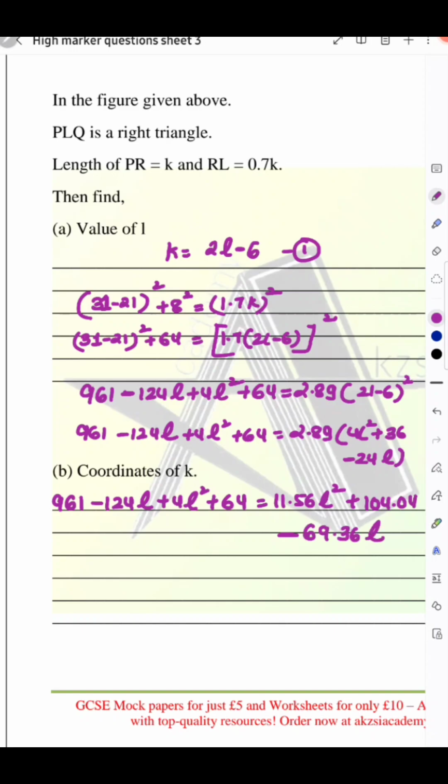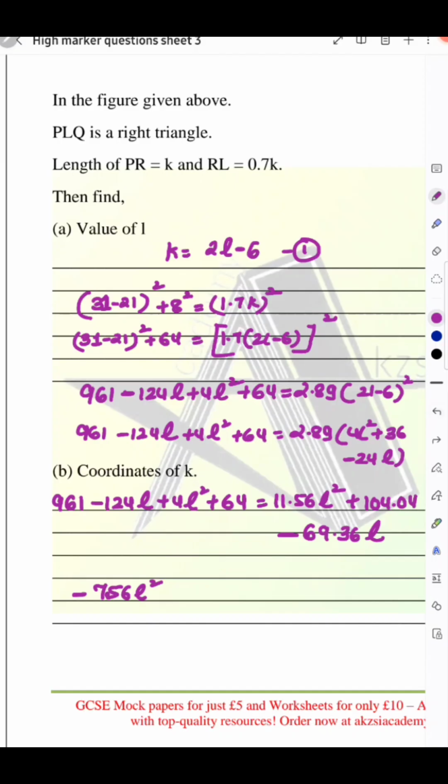Bringing all of them to one side, this will give me 4L squared minus 11.56, which is minus 7.56 L squared. I'm bringing all these on the left hand side.